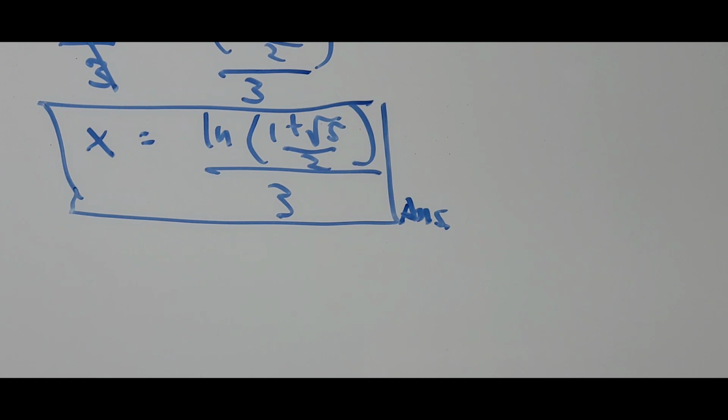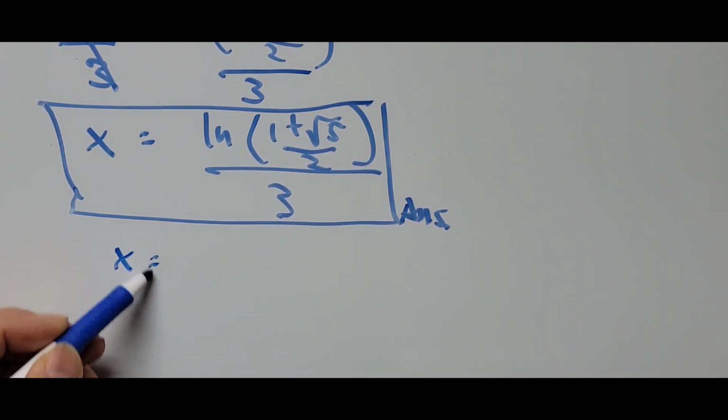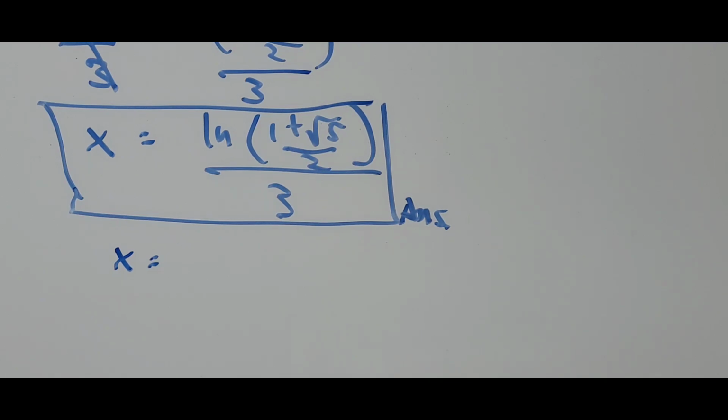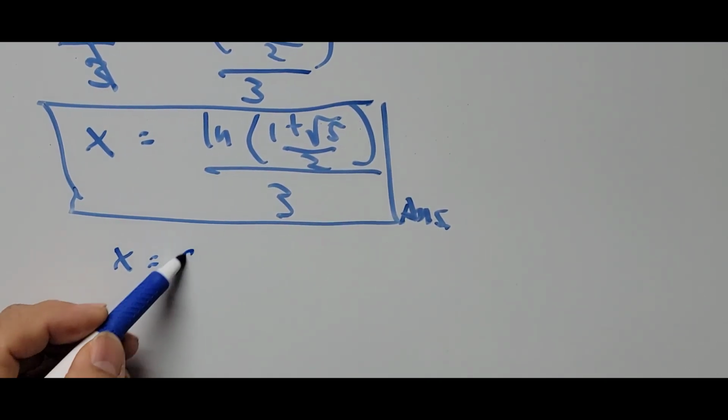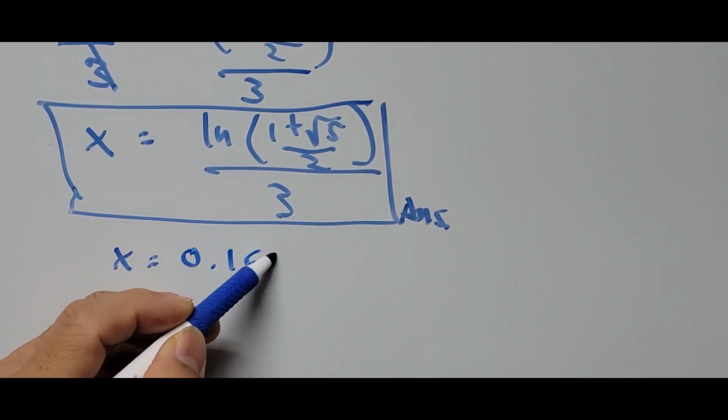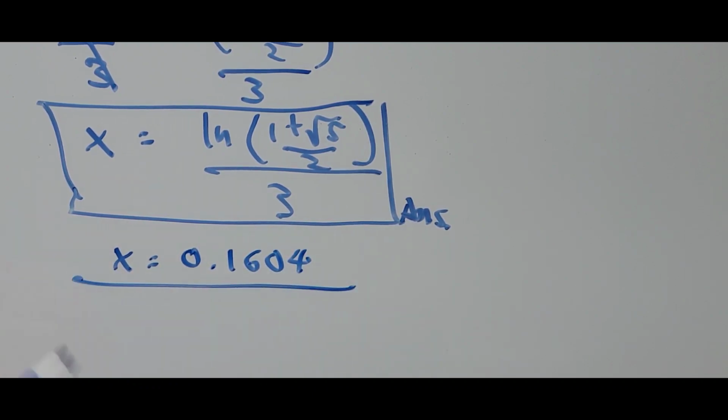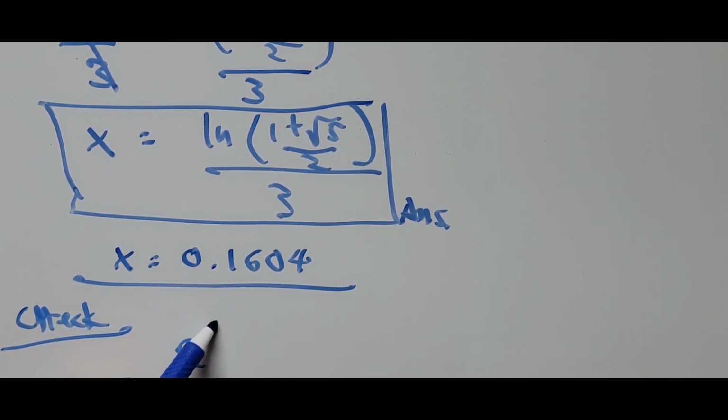For the sake of computation and checking our answer, in decimal form, the value of x equals 0.1604. To check our answer, what we have to do is substitute this value into the original equation, e to the power of 6x minus e to the power of 3x equals 1.